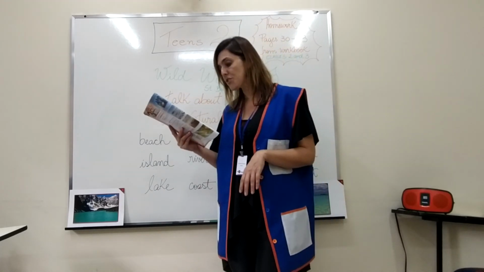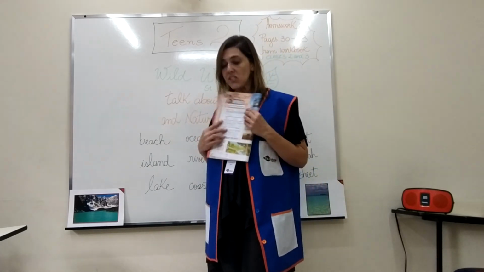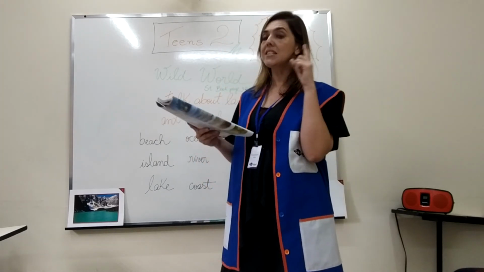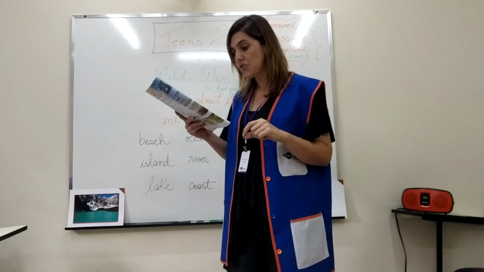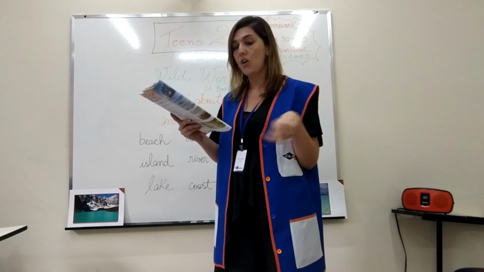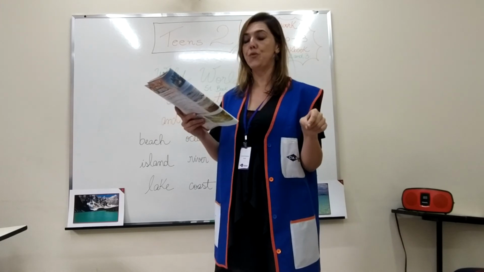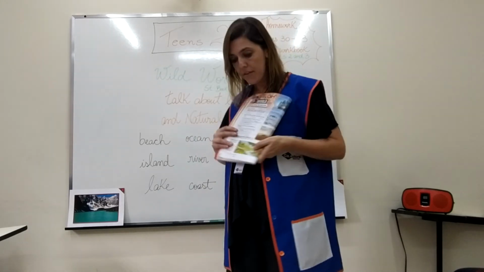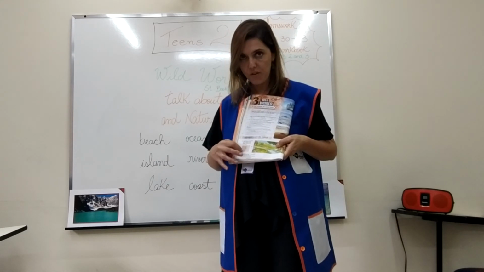So, complete the description of the picture from exercise 6. Then listen and check. The countryside near my home is very beautiful. Okay, pause your video and complete this text with the words given here, okay?